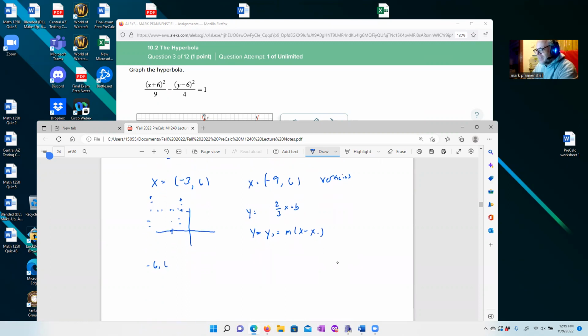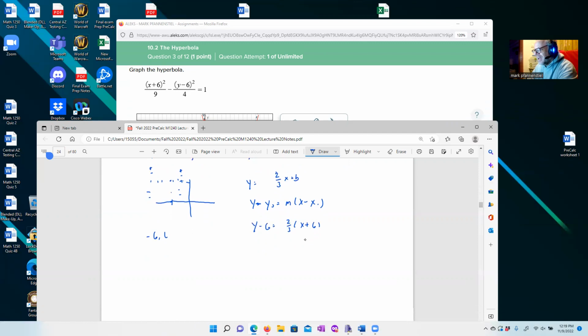Our asymptotes, the point I know they're going to go through is the center. So we could say y minus 6 equals 2/3 x minus negative 6. We'll go through and figure that out. So y minus 6 is equal to 2/3 x, and then 2/3 times 6, the 6s are going to cancel.